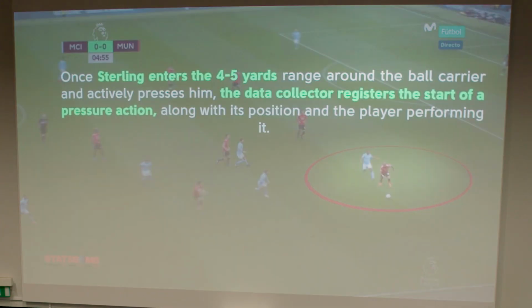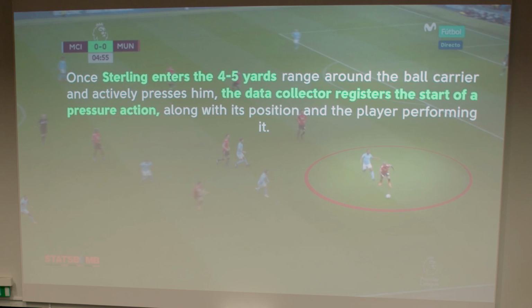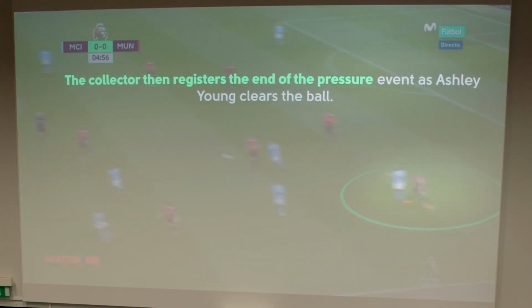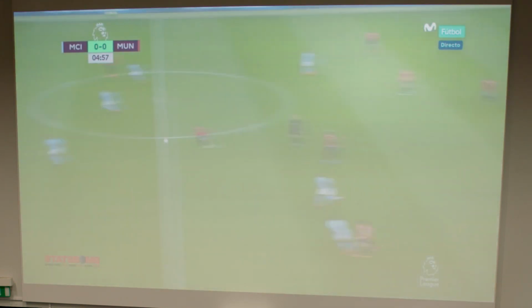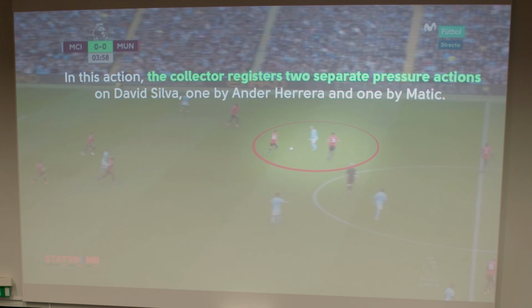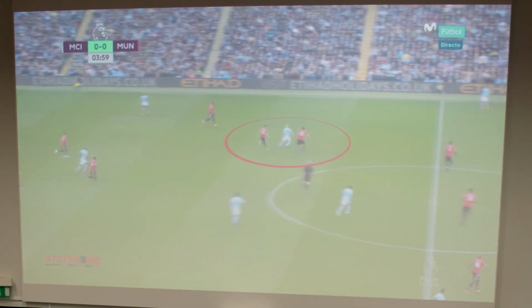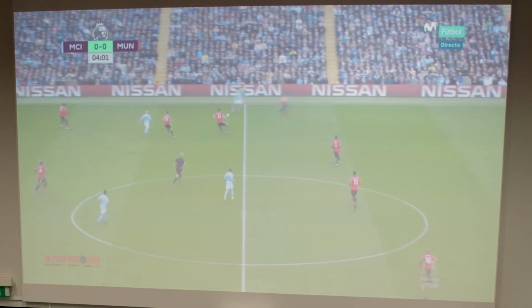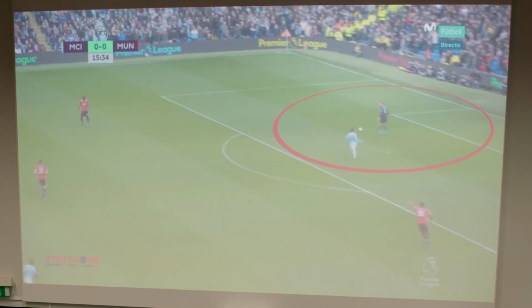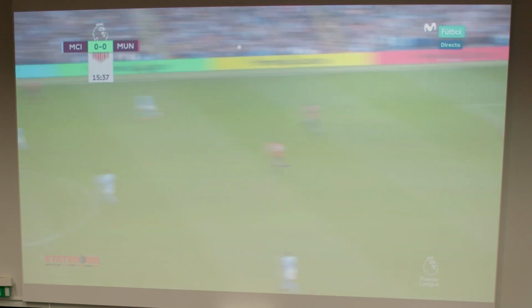So I'll let this play through. You've seen it already. You'll have seen that as Sterling starts outside of the pressure radius and moves into it, that's when the pressure event is logged. And in this example, the two players are already within that radius, so it's logged immediately, and you get 2 different pressure events logged. And then this is showing the goalkeepers. I'll let that run through again.